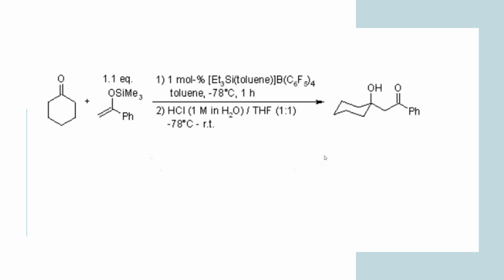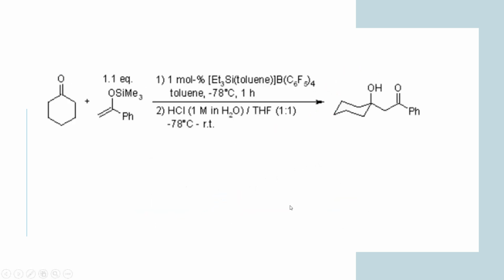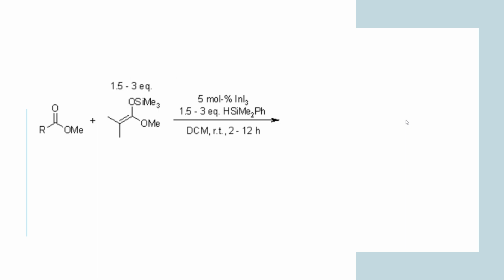You just have to simply follow this mechanism and you will be easily able to get this beta hydroxy ketone formation in the reaction. Okay, so I hope the mechanism was clear. With this, let us move to the next question here.